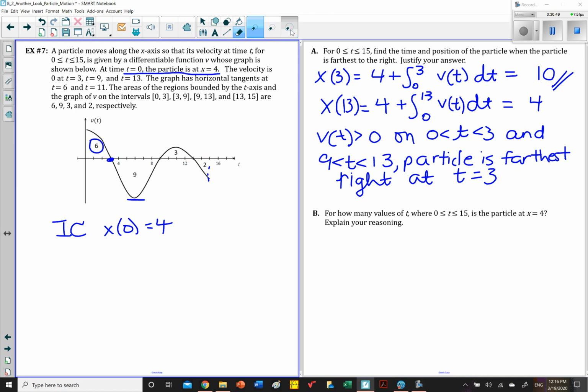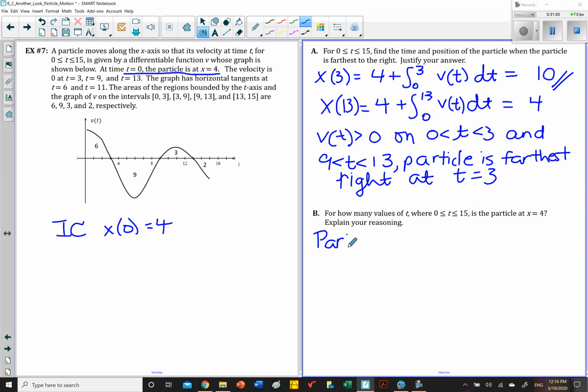Let's see, let me erase some of this. So there's going to be, is it 3 values? Let's put some words to this. So the particle is continuous, because I'm thinking intermediate value theorem here.